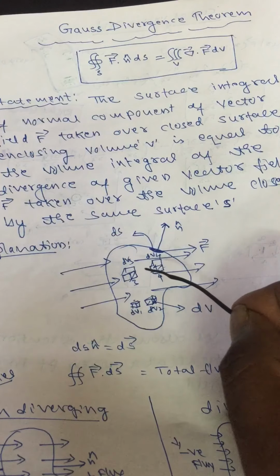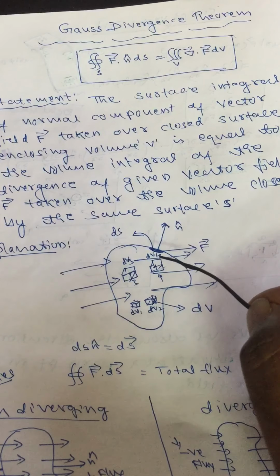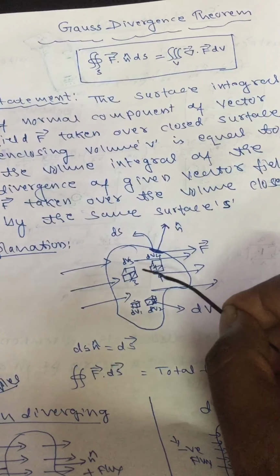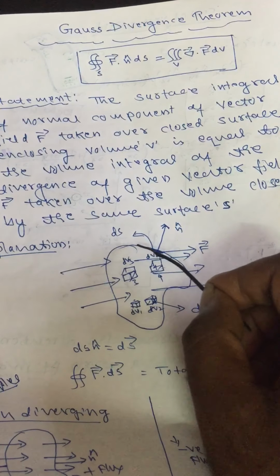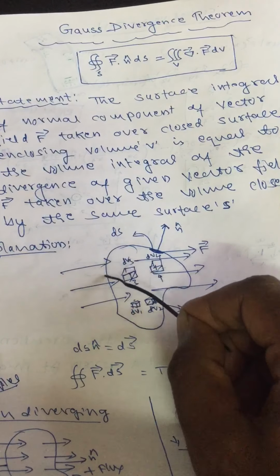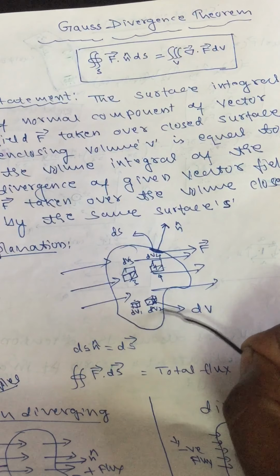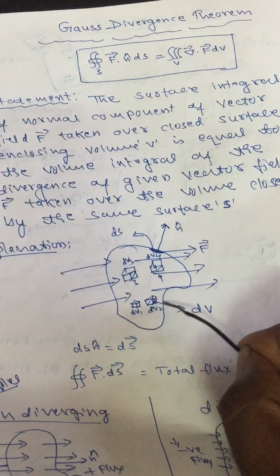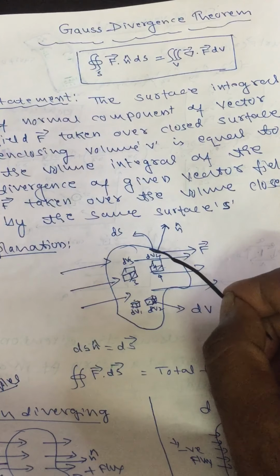So as I said, F dot dS means total flux. See, in this surface, you consider the first surface. This surface consists of small elements.